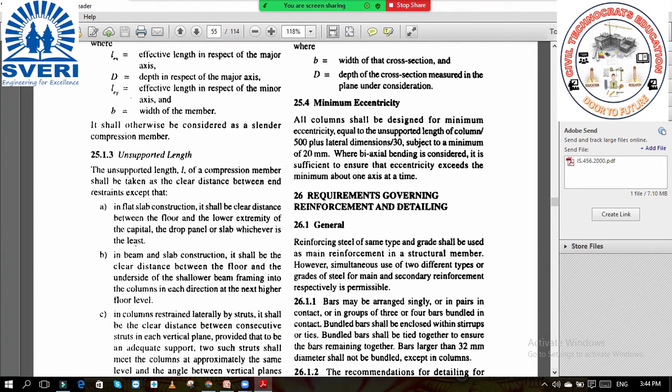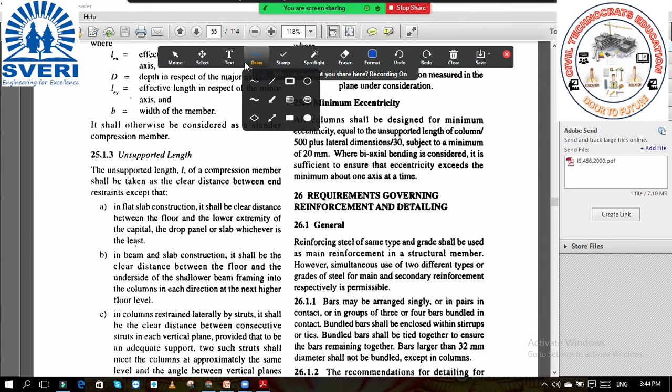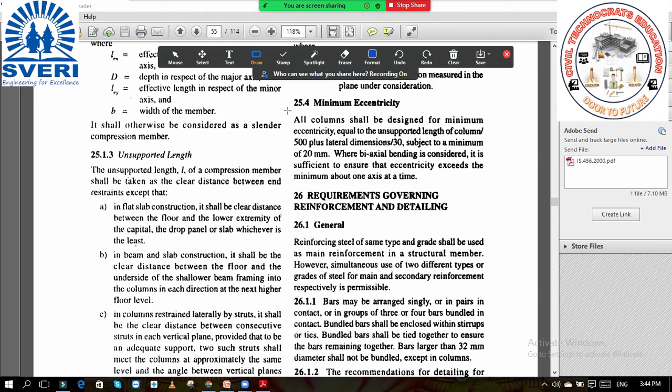Here you can see the minimum eccentricity clause is given. What does this say? All the columns shall be designed for the minimum eccentricity equal to unsupported length of the column divided by 500 plus lateral dimensions divided by 30, subjected to minimum of 20 mm.